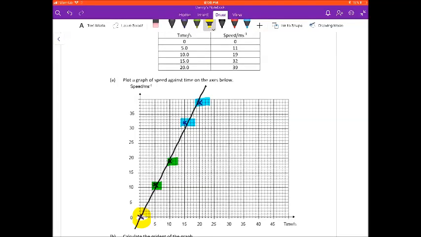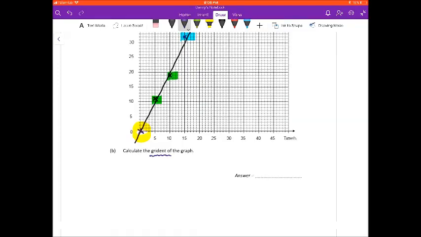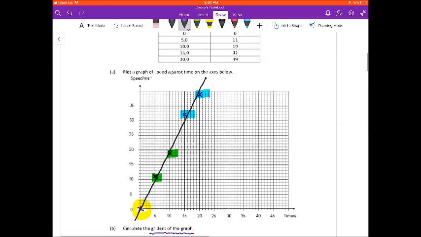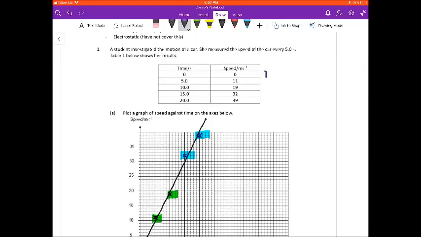I repeat, not necessary. Then next thing, when you are calculating gradient of the graph, remember you are not allowed to use the experimental data. Okay, this is what we call experimental data. Okay, this is not to be used for any calculation.